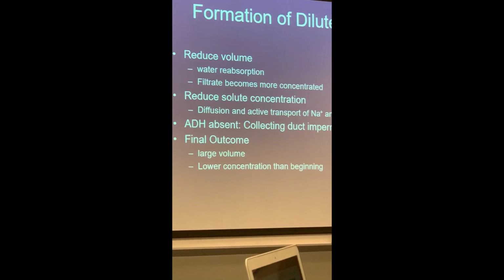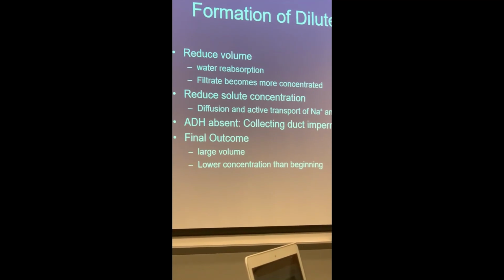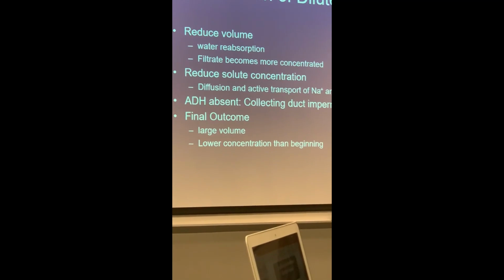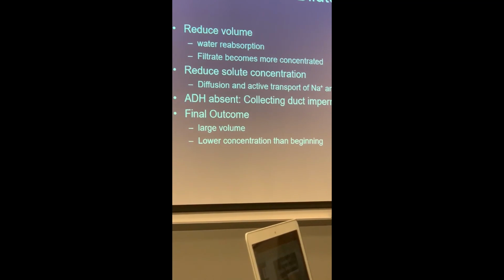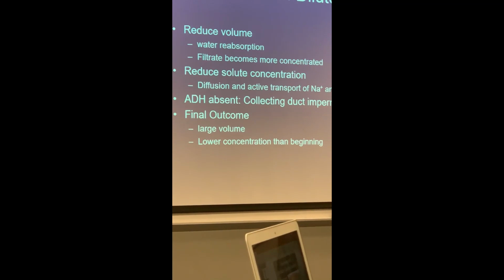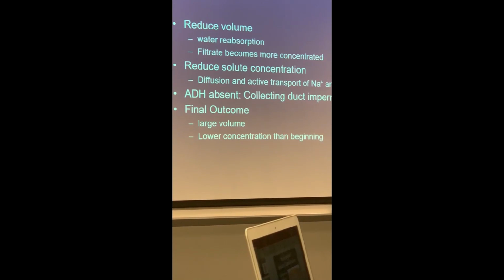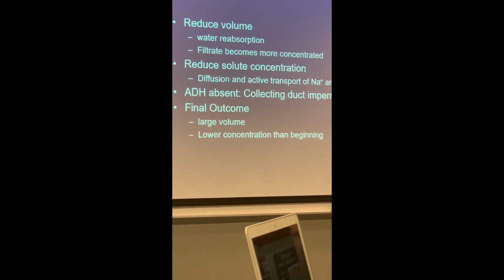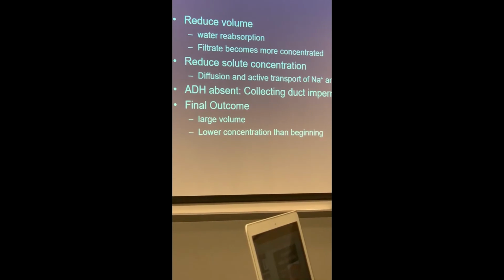There aren't many aquaporins there, and so the final outcome is we have a large volume of urine with a lower concentration than our body's fluids, right? If you drink too much water, you're diluting your whole body, so you need to get rid of that water. And so what you excrete will be a lower concentration than in your body.